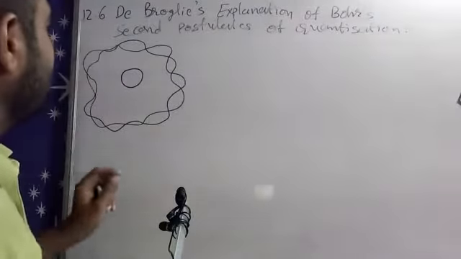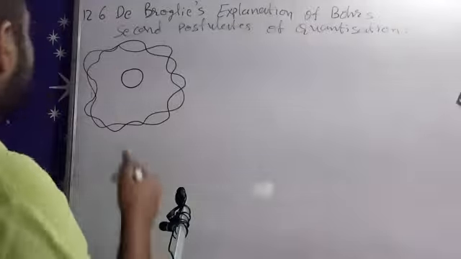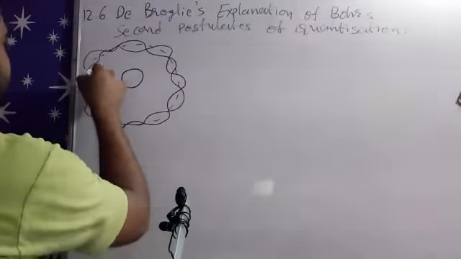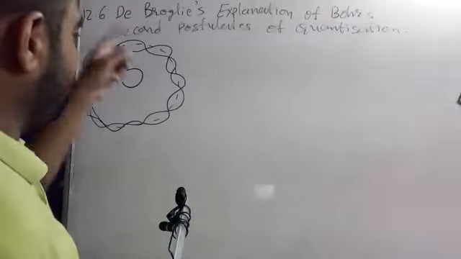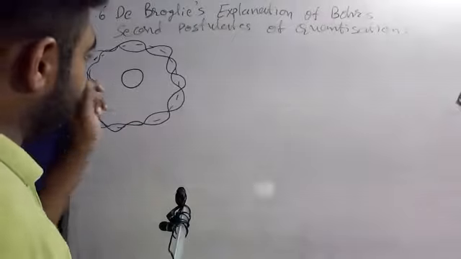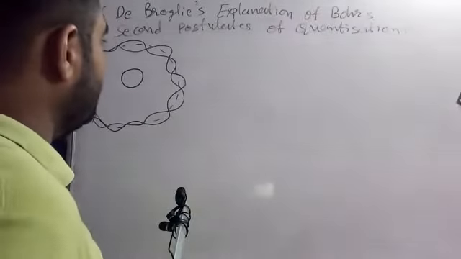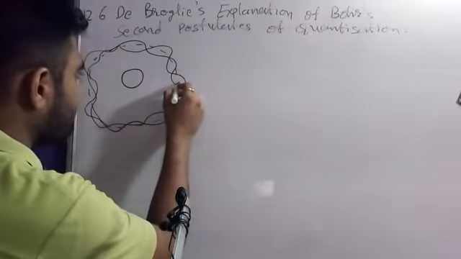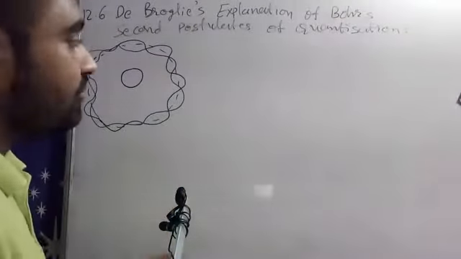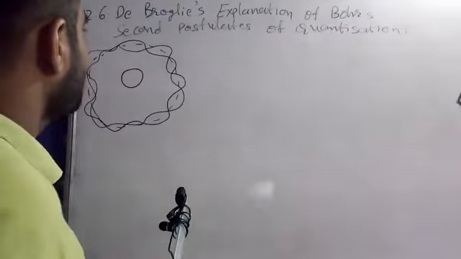So in this particular orbit there is one axis of the orbit. I am drawing that axis with this dotted line. The electron may be outward to that axis or inward to that axis; we don't know yet.